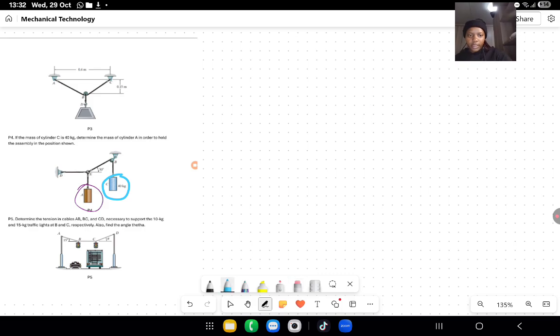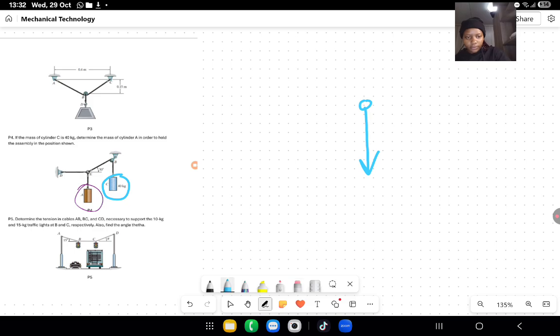Let me draw it properly. Our free body diagram will have tension EA, which is our weight.